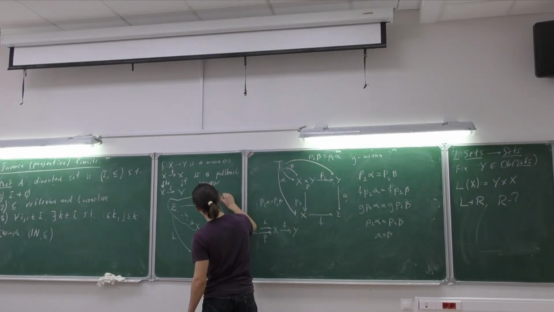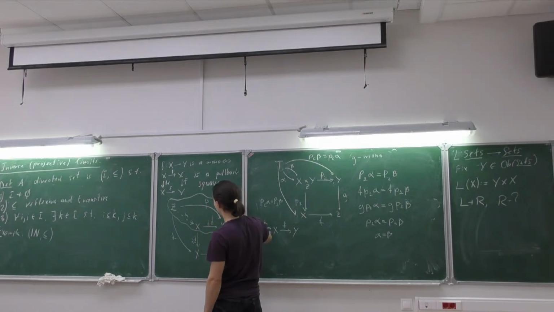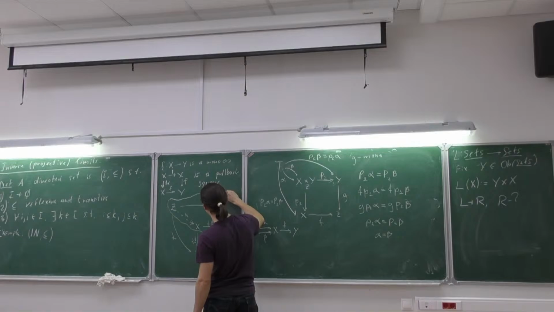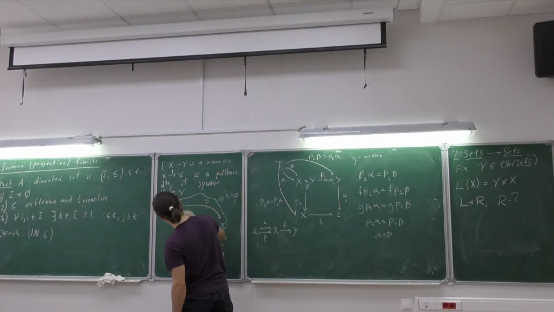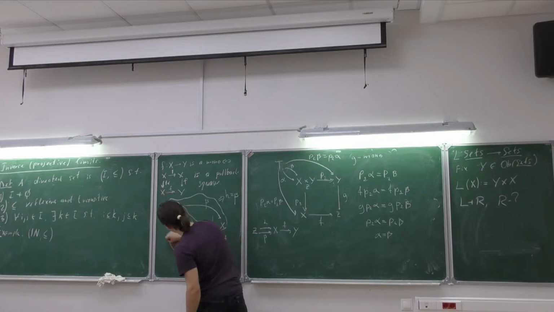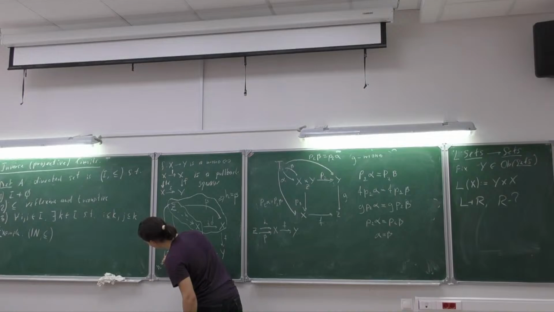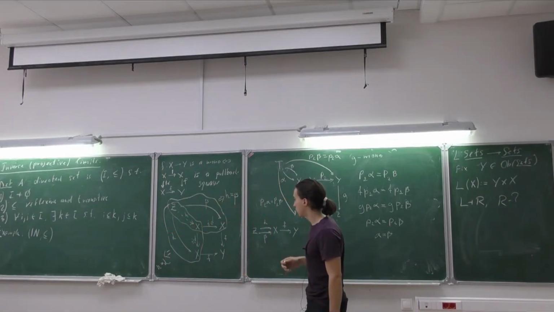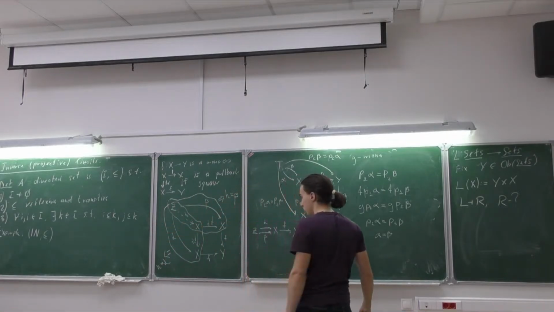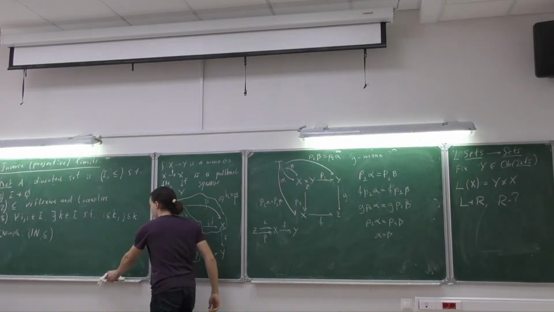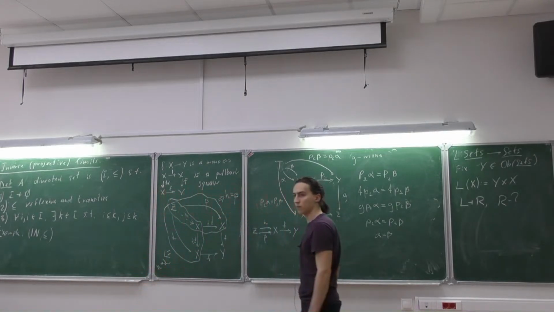This triangle implies that H equals beta, and this implies H equals alpha. Okay, so this proves the implication in one direction.